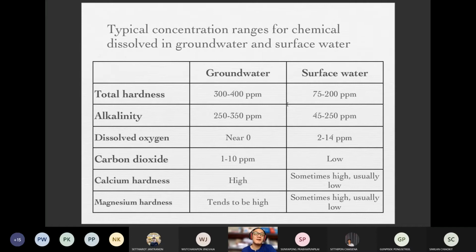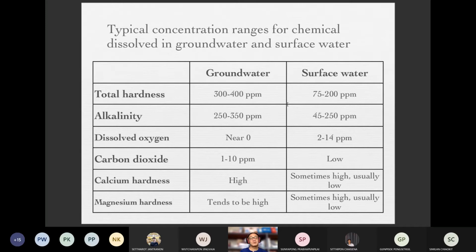But you will find a significant amount of carbon dioxide in groundwater. Calcium hardness and magnesium hardness tend to be high in groundwater, but usually low in surface water.